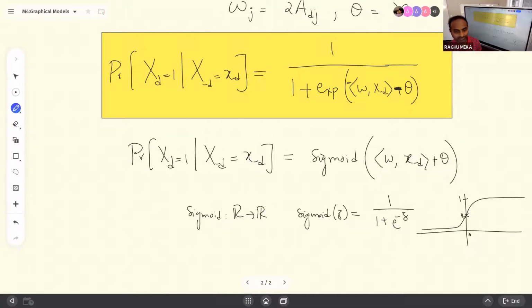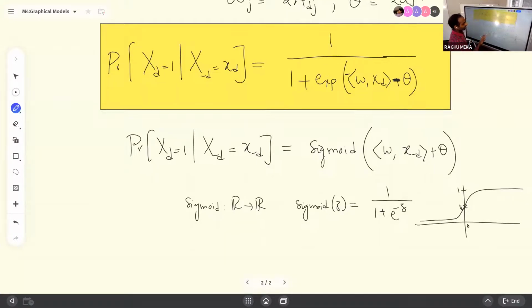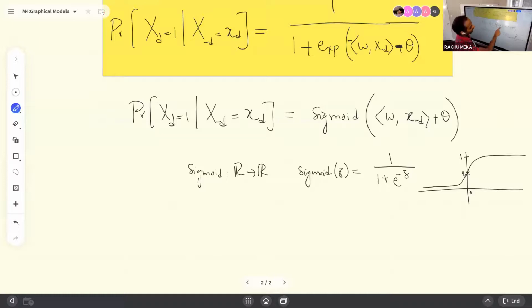Okay. And the point is that if somehow here w exactly captures the coefficients of the matrix, right? So w_j was minus 2 times a_dj, and theta was exactly minus 2 a_d.